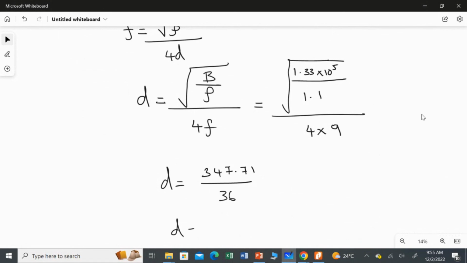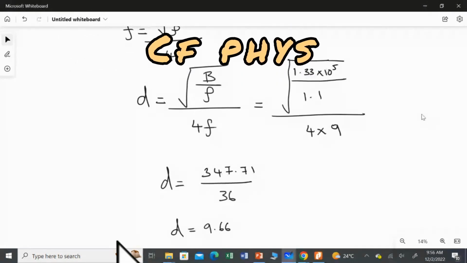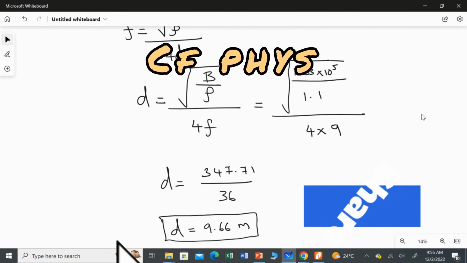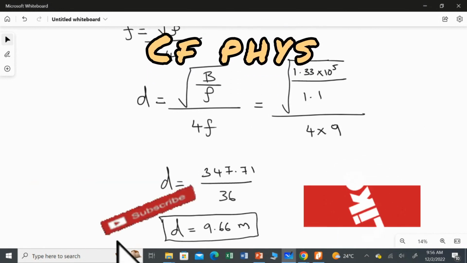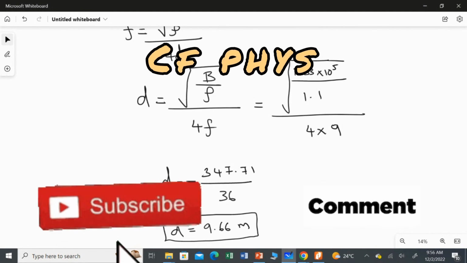So now I'm going to divide this value: 347.71 over 36. The answer for the distance is 9.658, so I can write the value as 9.66 meter. So this is the answer for this question. That's it. Thank you.